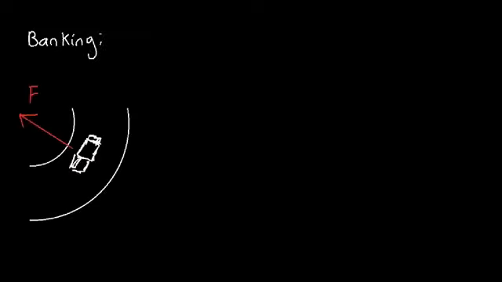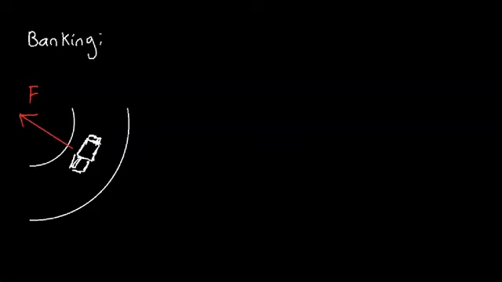Another example of circular dynamics occurs when an automobile rounds a curve. For the car to move in that curve, it must have a force exerted on it towards the center of the curve to serve as its centripetal force. On a flat road, this force is supplied by friction between the tires and the pavement. This friction is static in nature because there is no relative motion between the tires and pavement in the direction pointing towards the center of the curve.